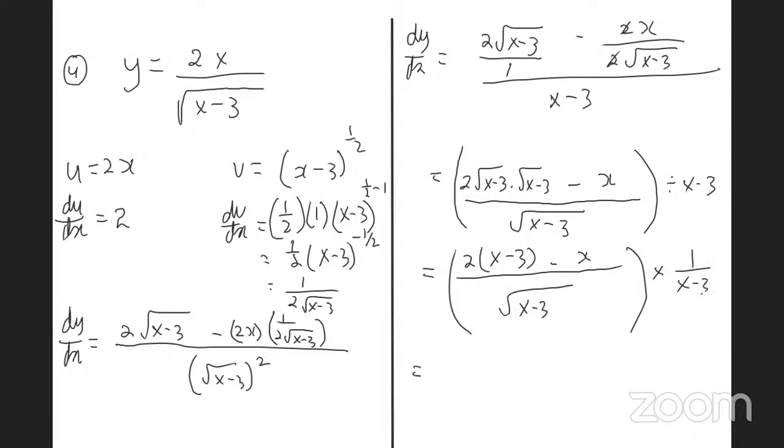So you'll be left with 2x minus 6 minus x all over the square root of x minus 3 by x minus 3. So your final answer is x minus 6 over the square root of x minus 3 by x minus 3.